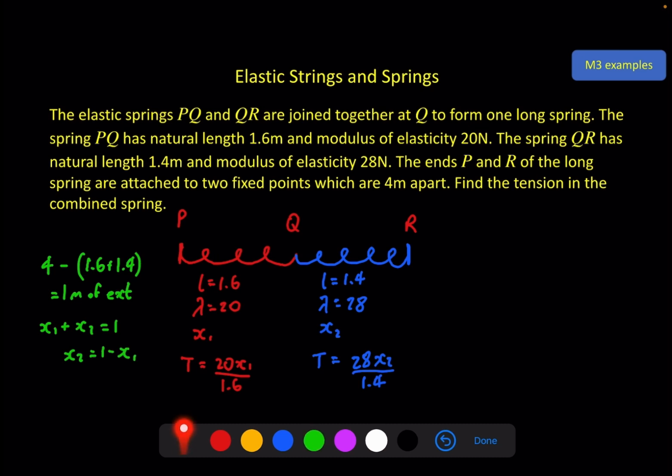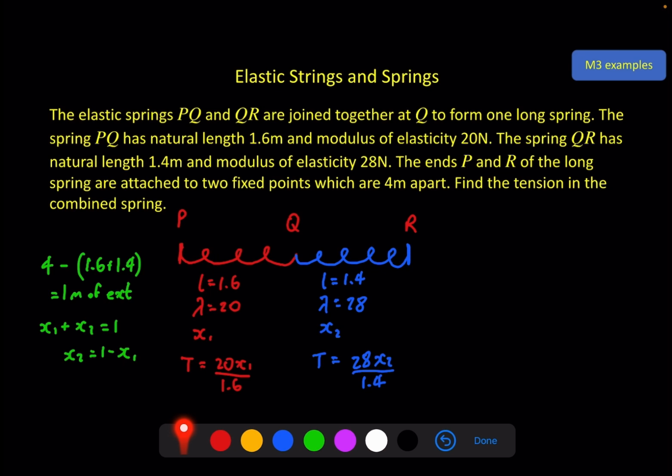If you wanted to avoid writing x1 and x2, you could have done all of this using this relationship initially and saying x here and 1 minus x here, which would bring you to this same point that I'm going to write next, and that is that this must equal this with x2 equal to 1 minus x1.